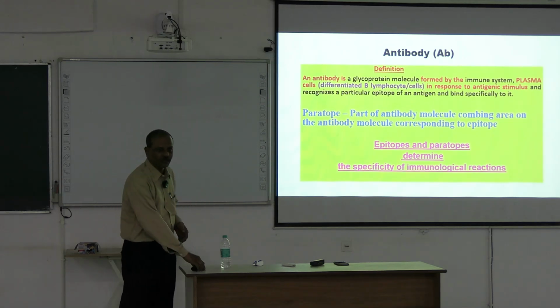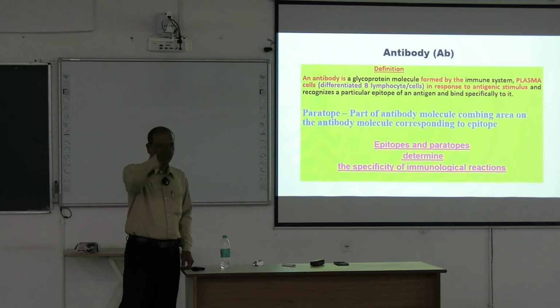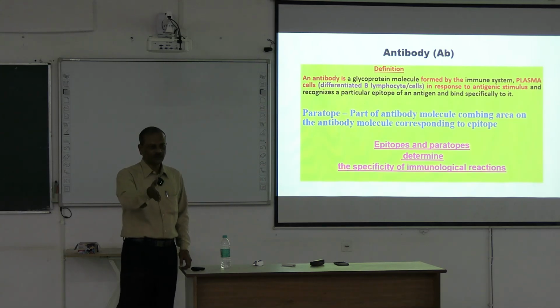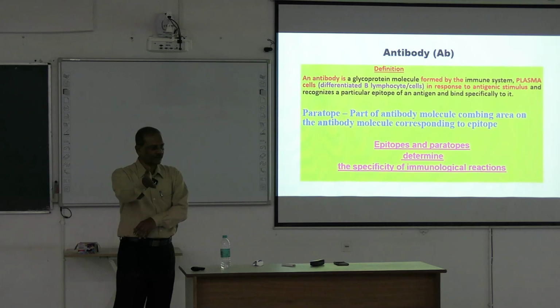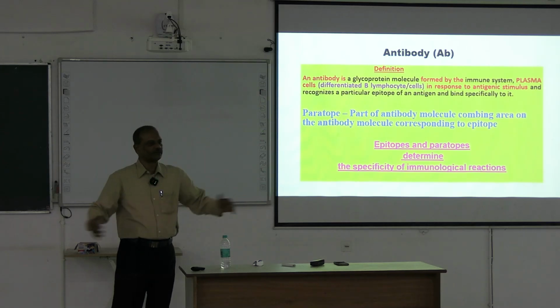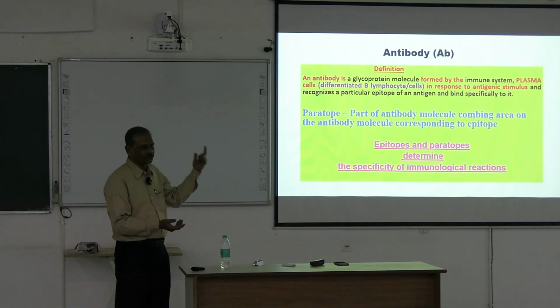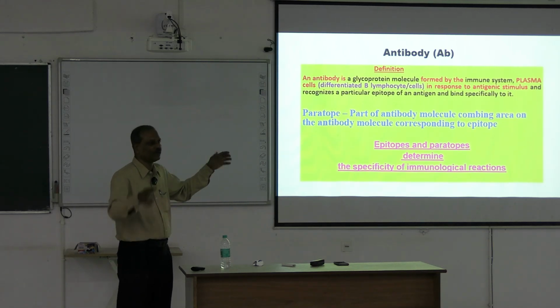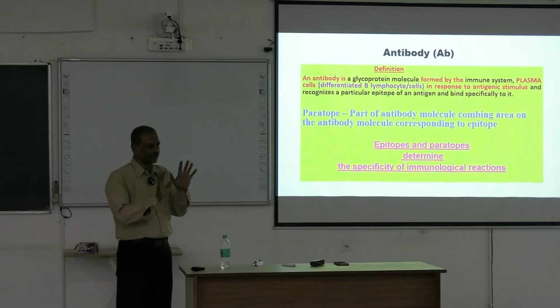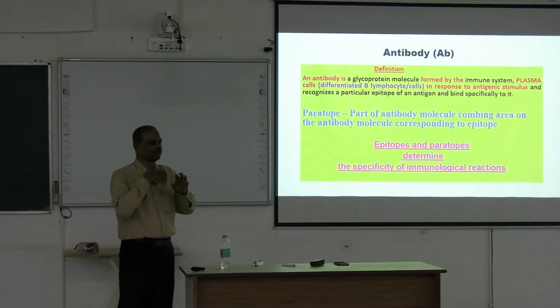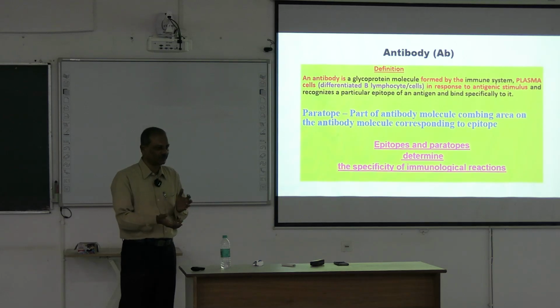As I told you earlier, when you are interacting with somebody, either you are handshaking, that is the minimum information, or at the best you are hugging. So, it depends how you interact with the antigen and antibody. That is the determinant factor of the antibody: how many epitopes are there in that particular parasite or virus or bacteria.